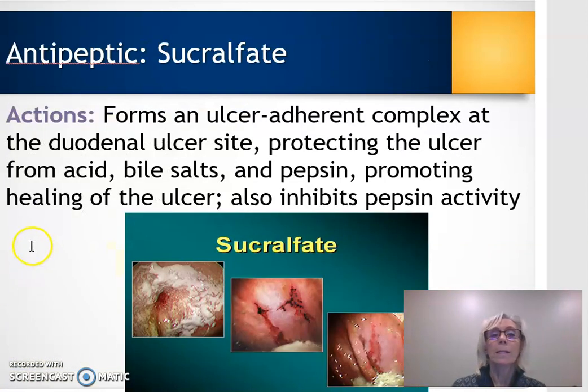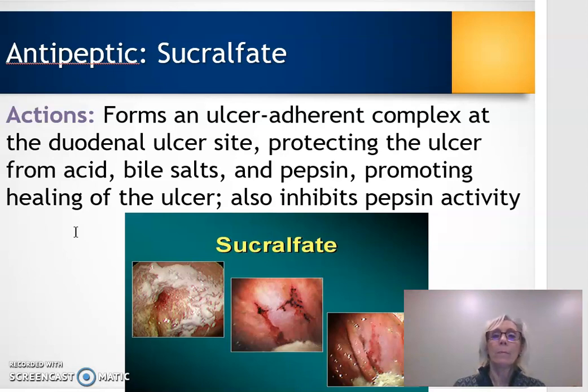The next one is the antipeptic agent, and this is Sucralfate, and this is one of my favorite drugs just because I think it's so cool the way that it acts. What it does is it acts like a neat little gelatinous Band-Aid that sits on top of that ulcer, and by doing so, it protects it. It forms a nice little patch over it, just like what mucus should be doing in the stomach.